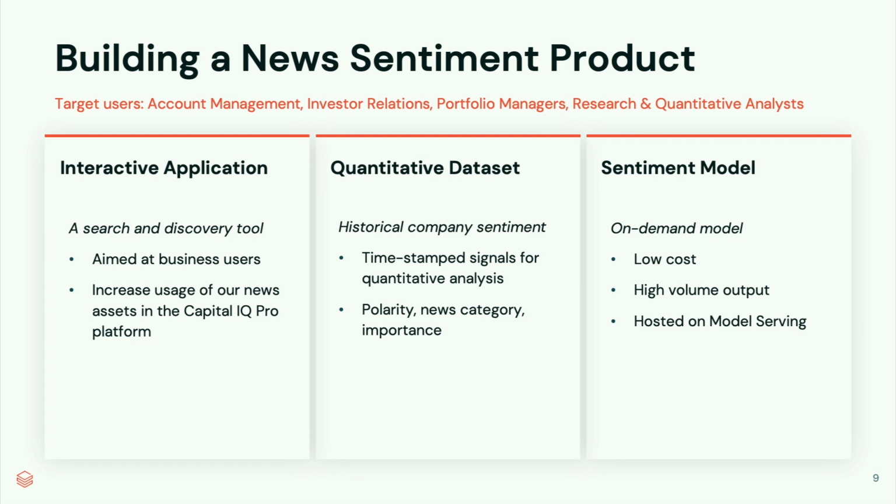So we wanted to make the model available to our clients outside of the application as well, so that users could test out the model on their own texts or in their own applications. So we also wanted to host the model on Databricks Model-Serving. So that lets us set up the model as an API endpoint, and they can just query the model on demand.